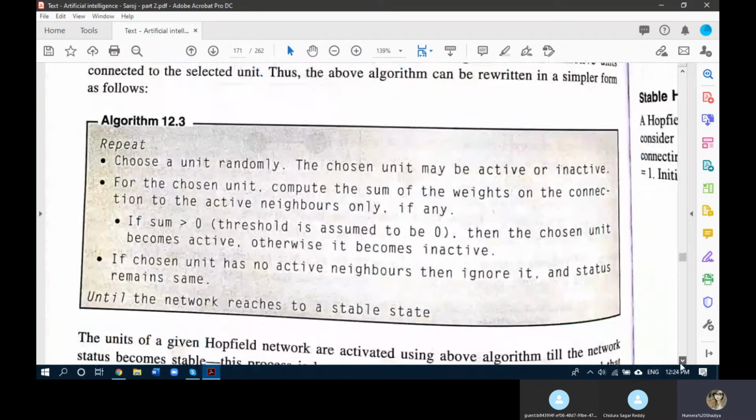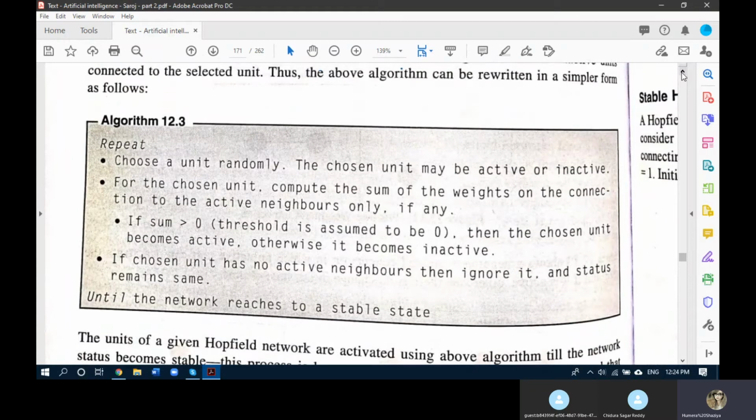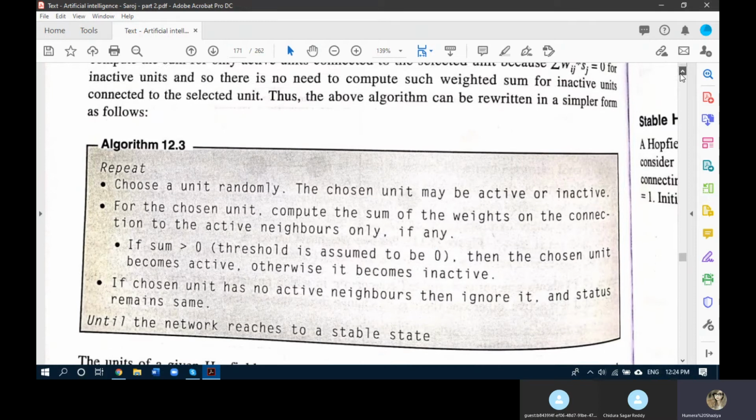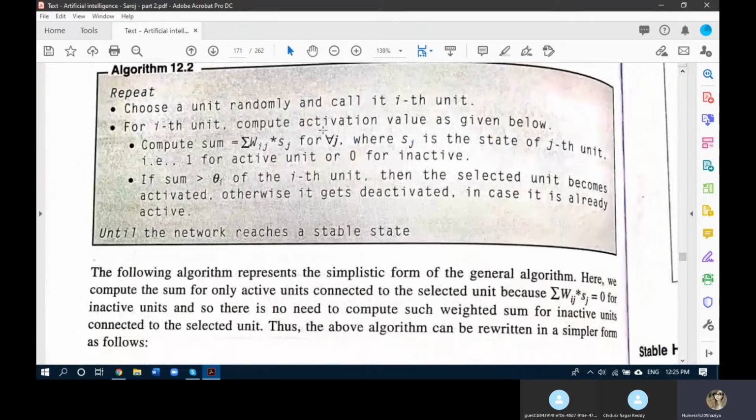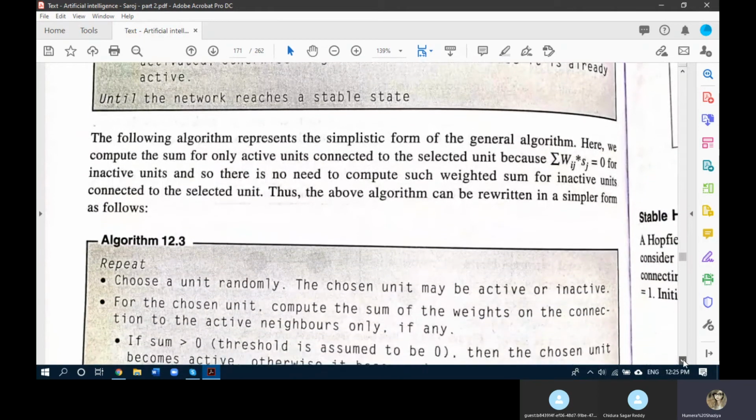This is an algorithm. In this algorithm, again, because there are several units or nodes, what you can do is iterate for every node, and this algorithm has been obtained from the previous algorithm by applying certain simplifications.